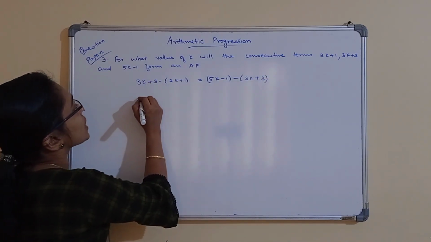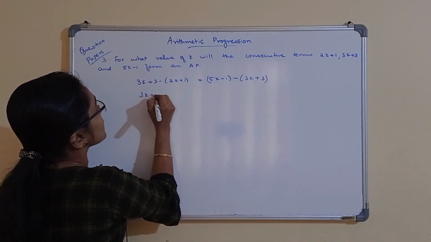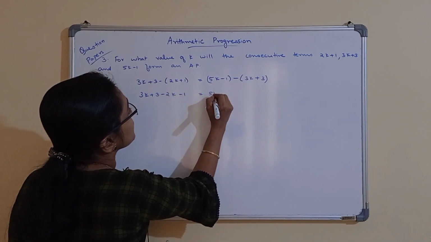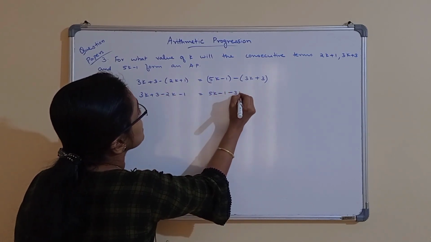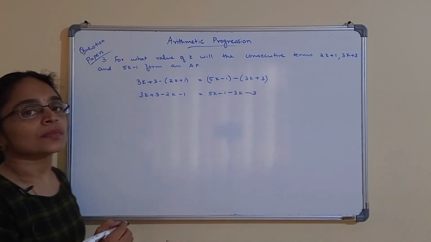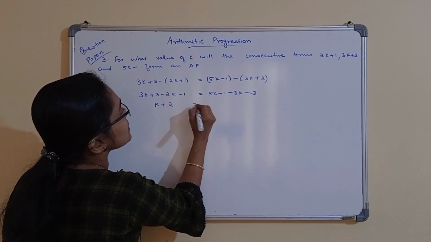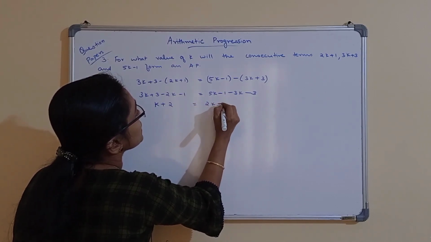So, 3k plus 3 minus 2k minus 1 is equal to 5k minus 1 minus 3k minus 3. Which means k plus 2 is equal to 2k minus 4.